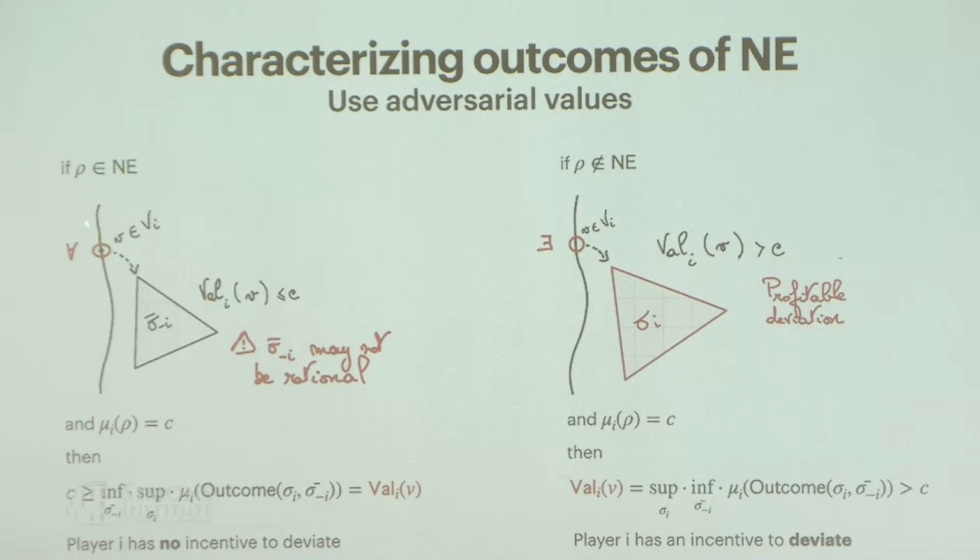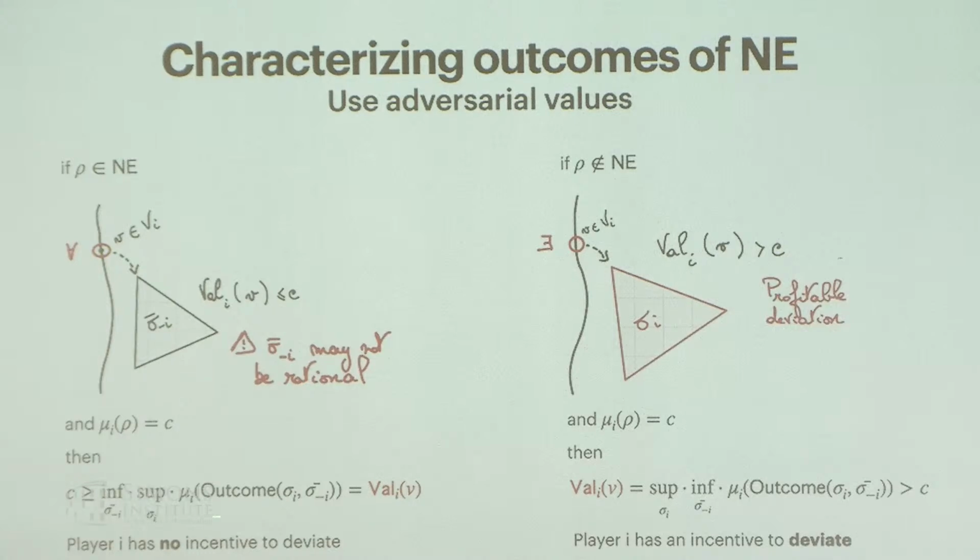If you look at this vertex here, it belongs to player I. This is supported by a Nash equilibrium if deviating will not be beneficial to player I. For that, I verify that what I get for player I along this path, let's say the value C, is larger or equal to the worst case value that he can ensure from this vertex V.